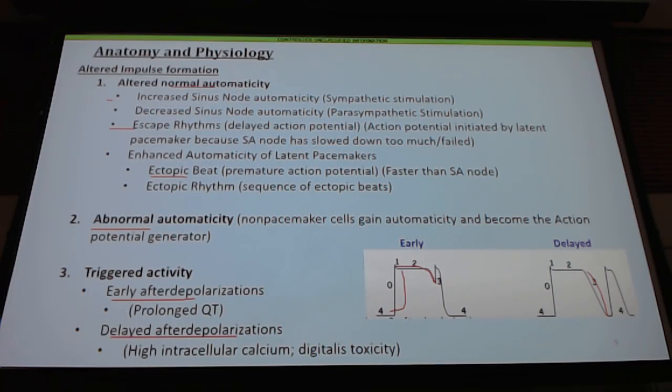But you can see, okay, I get the same kind of depolarizing event, but the rest of my cycle is not there because I didn't give the full time for phase 4 to occur. So those electrolytes across the membrane are not back to where they should be in order to respond normally and appropriately. So that's how altered impulse formation can trigger different arrhythmias.